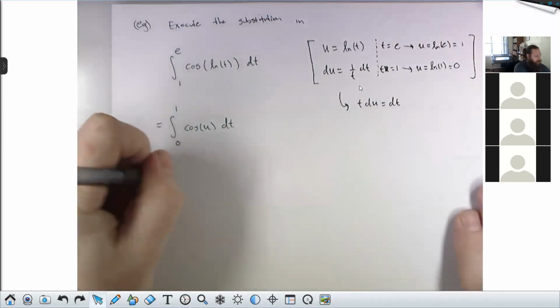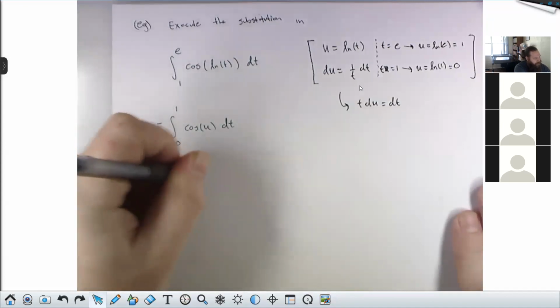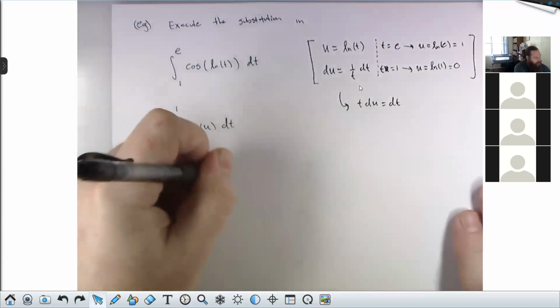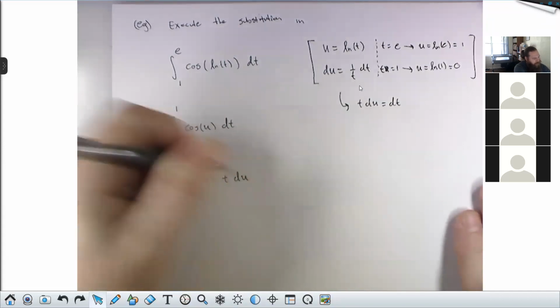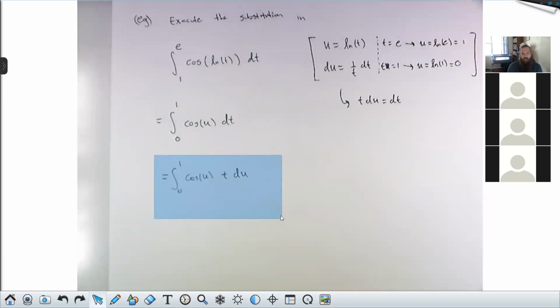Okay, that gives me the integral from 0 to 1 of cos of u times t du. Well, this is bad also, right? Because I don't have that t downstairs. There's nothing to cancel with this t. So far we've done the same steps we did in the last problem.